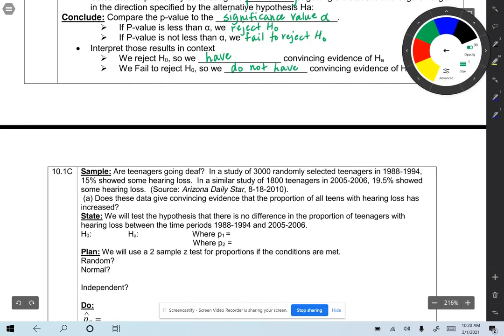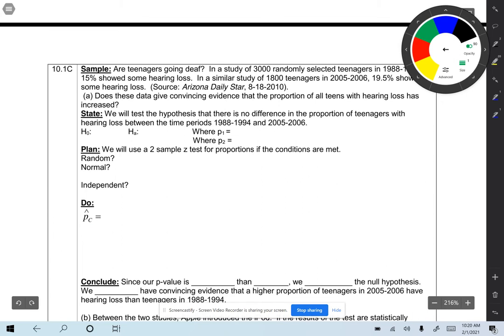And let's do an example. Let's go back to our teenagers going deaf. So we have, I don't need to reread this part for you. So we will go ahead and state our null and alternative though. The proportion in the earlier years is equal to the proportion in the later years.